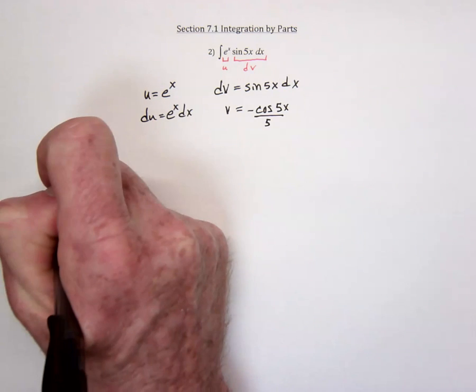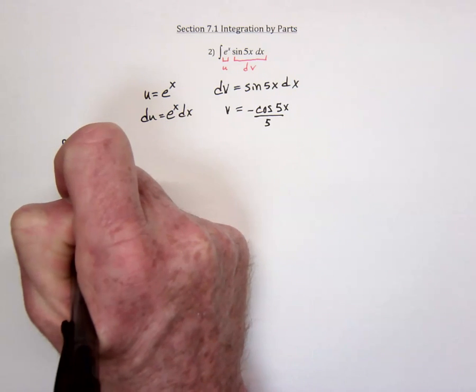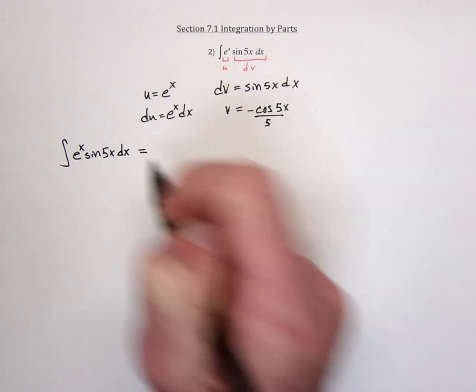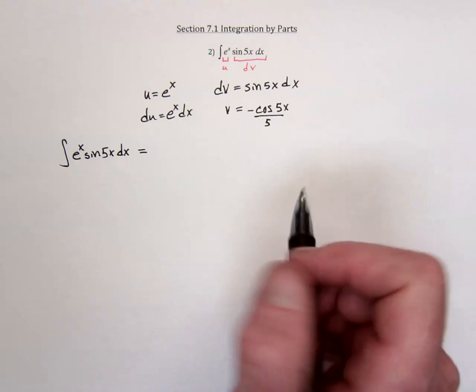So integration by parts will give us this times this, the u times the v. Keep in mind that we've got an equation we need to build, so it's going to be the original problem. Integrate e to the x sine of 5x dx equals, by integration by parts, the u times v.